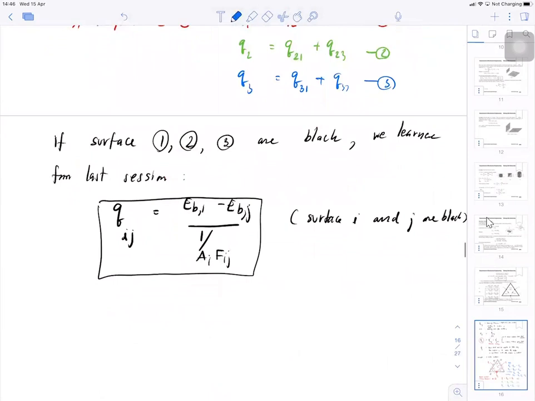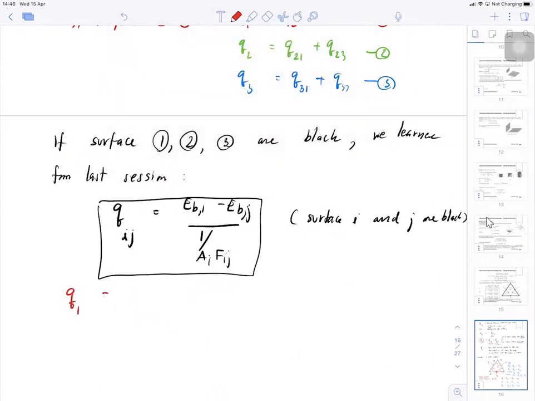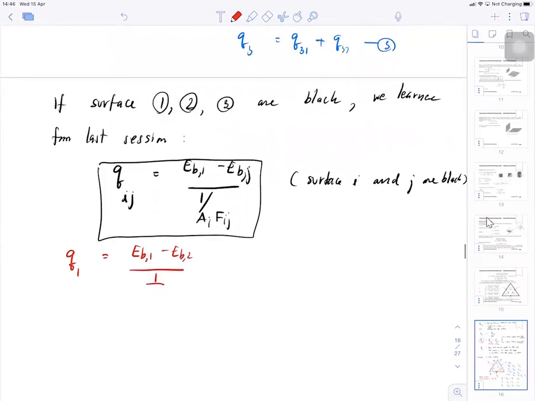So then we're going to have Q1 is going to be equal to E_B1 minus E_B2 over 1 over A1 F12 plus E_B1 minus E_B3 over 1 over A1 F13.